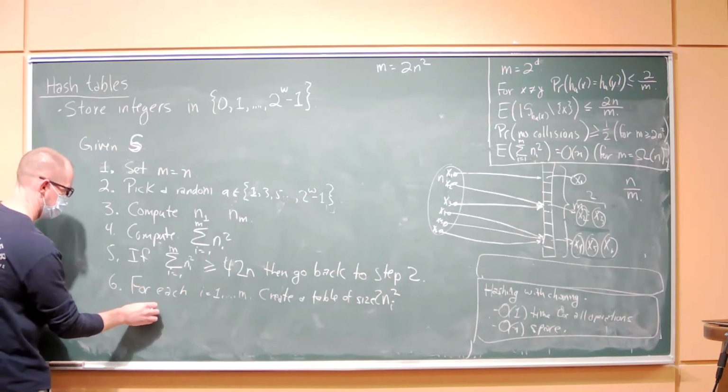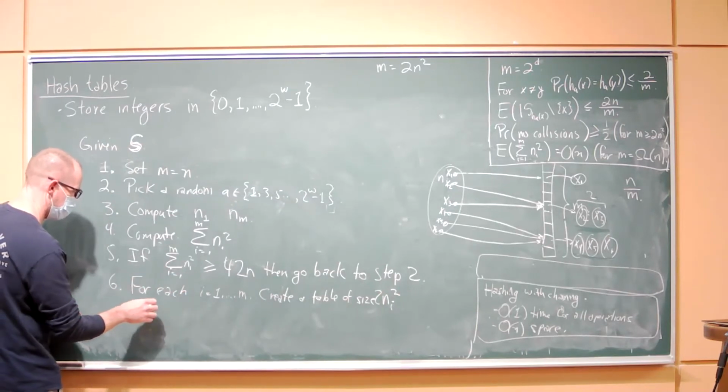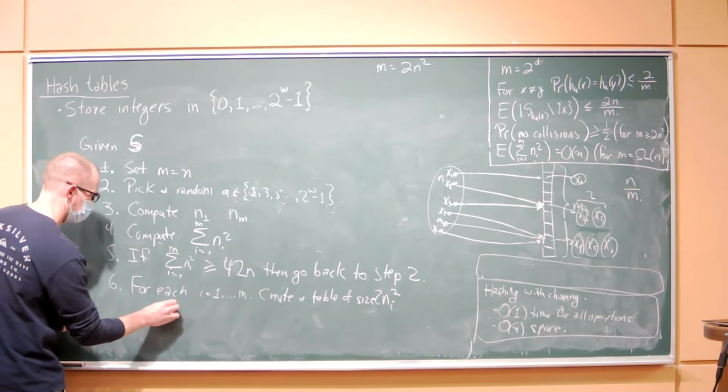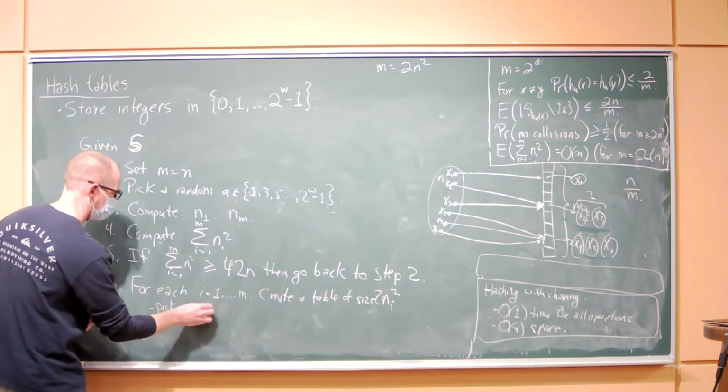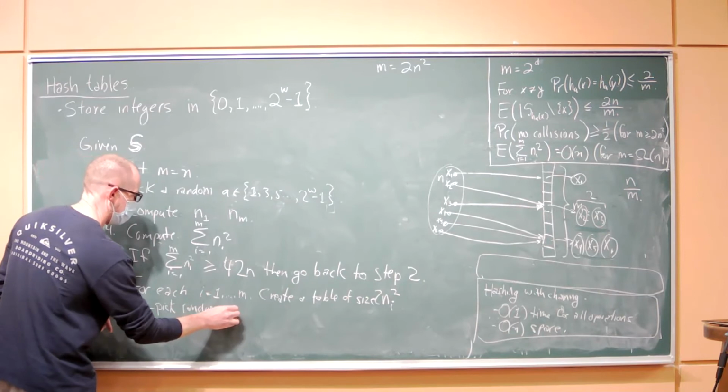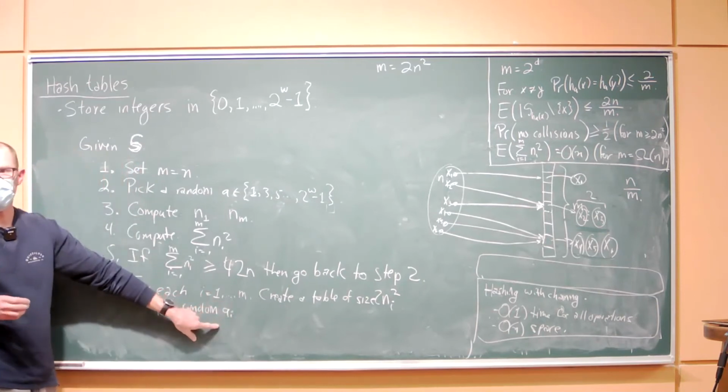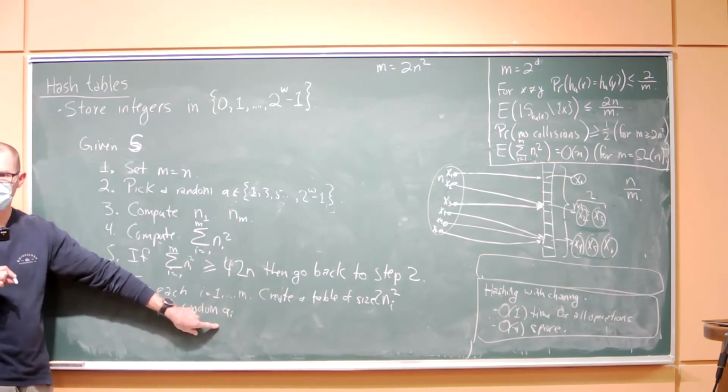So do that. Not only do you create the table, you pick a random a_i. That's going to be the hash function that you use for that particular table.